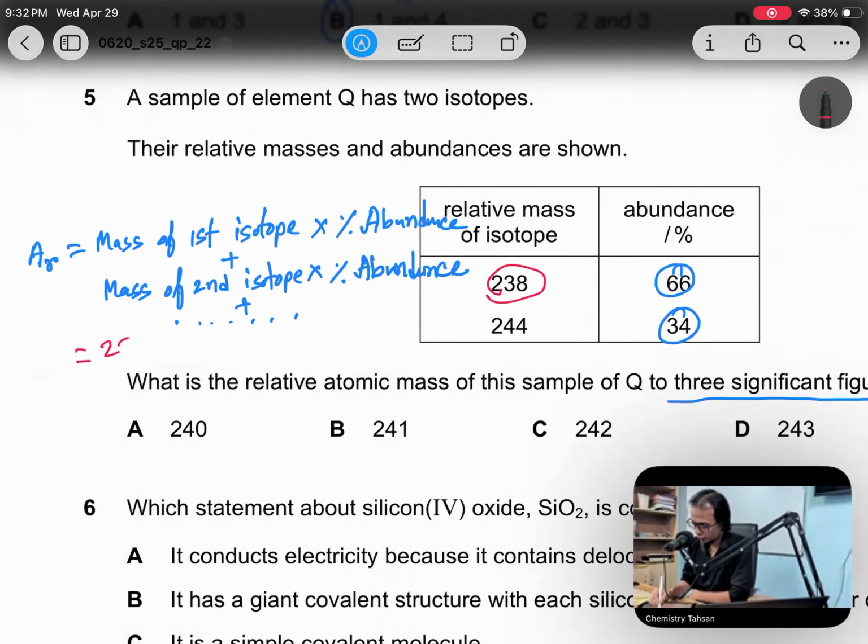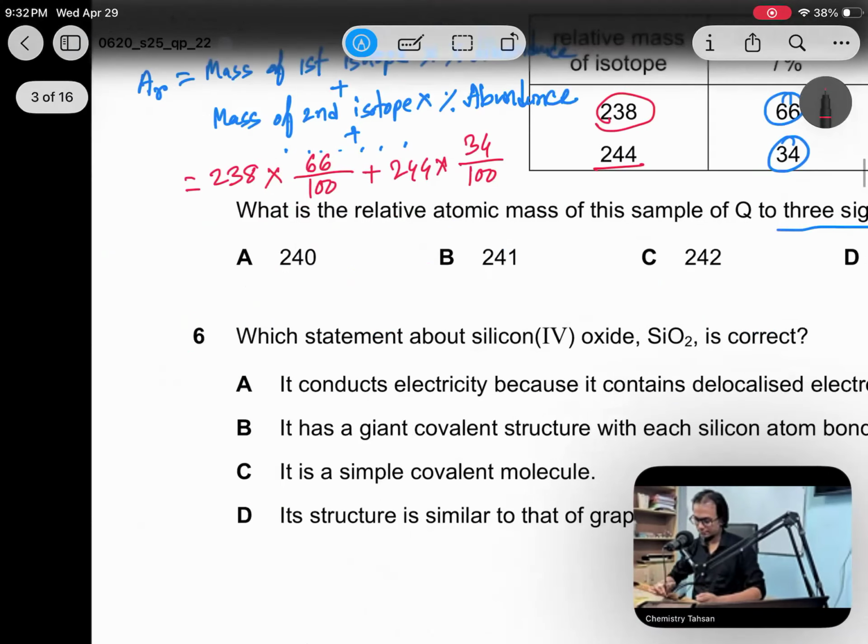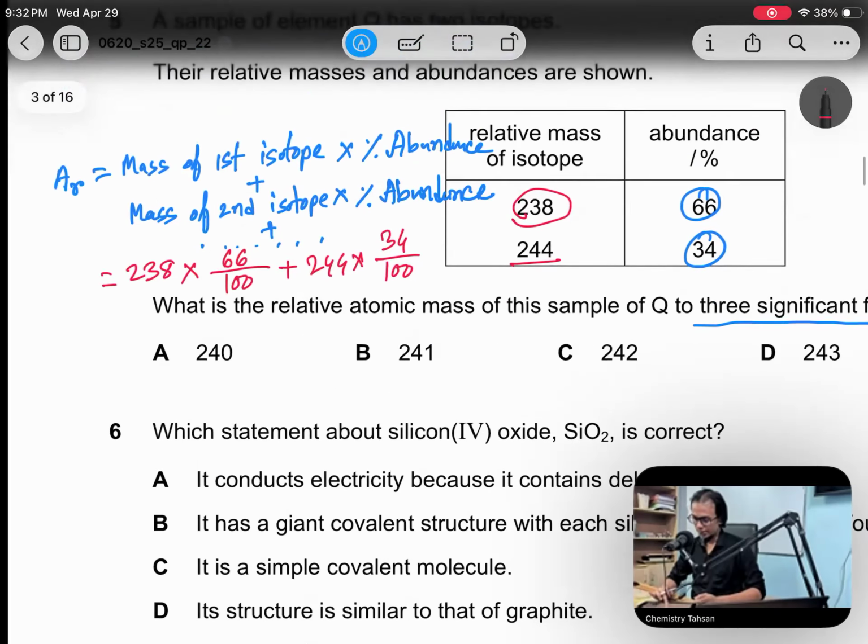So it is 238 times its percentage abundance is given 66%. 66% means 66 divided by 100, plus you have 244 here, second isotope, mass of the second isotope, into its percentage abundance is 34 divided by 100. So if we calculate, then it's 238 times 66.